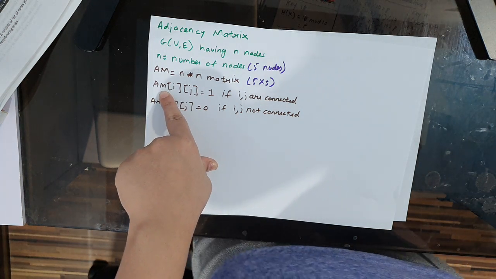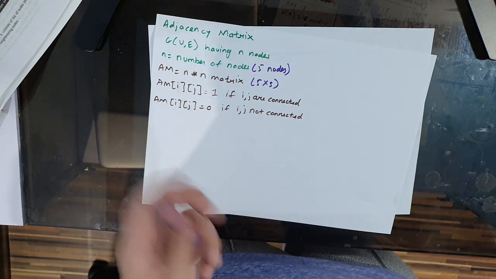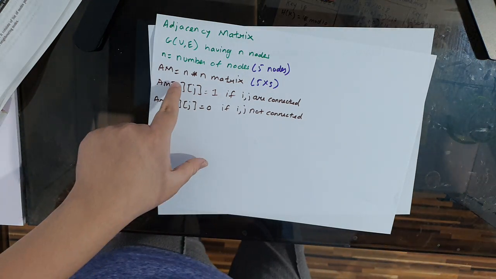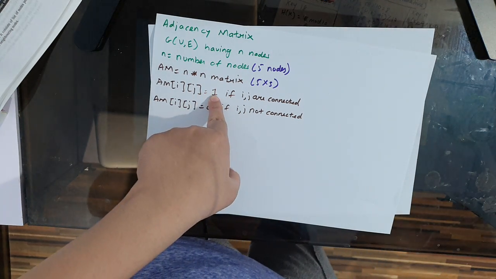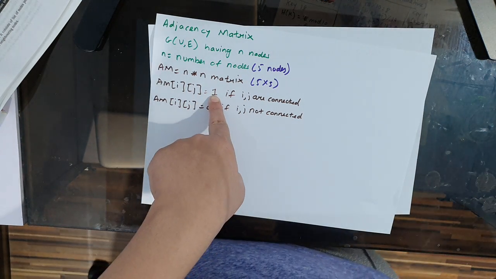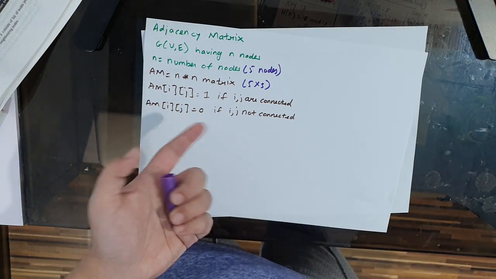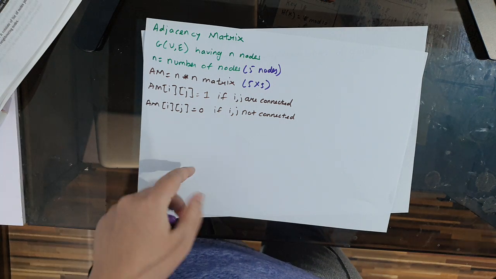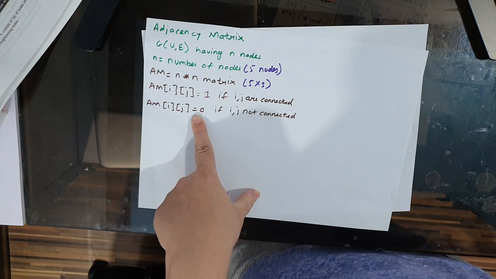Wherever the nodes are connected to each other, in whichever direction, there we are going to mention 1 in the matrix. And where the nodes are not connected to each other, at i and j, that is the row and column, we are going to mention 0 at that particular location.